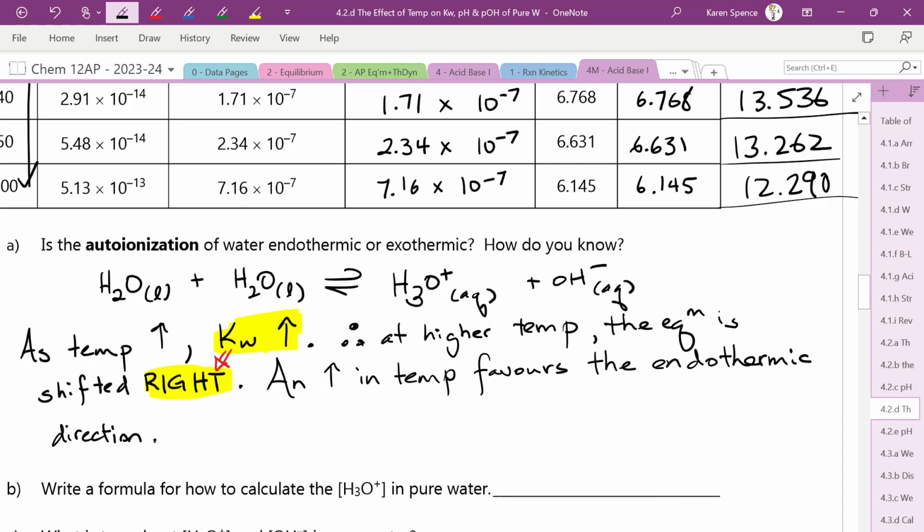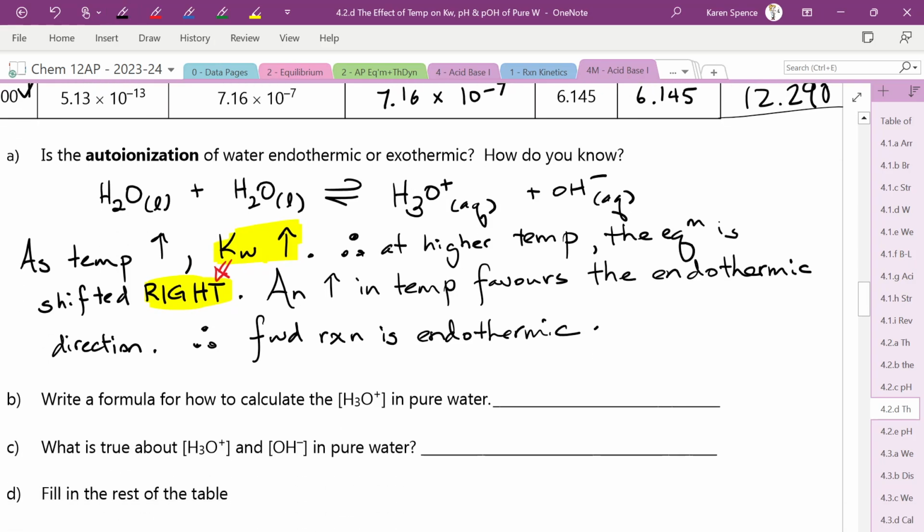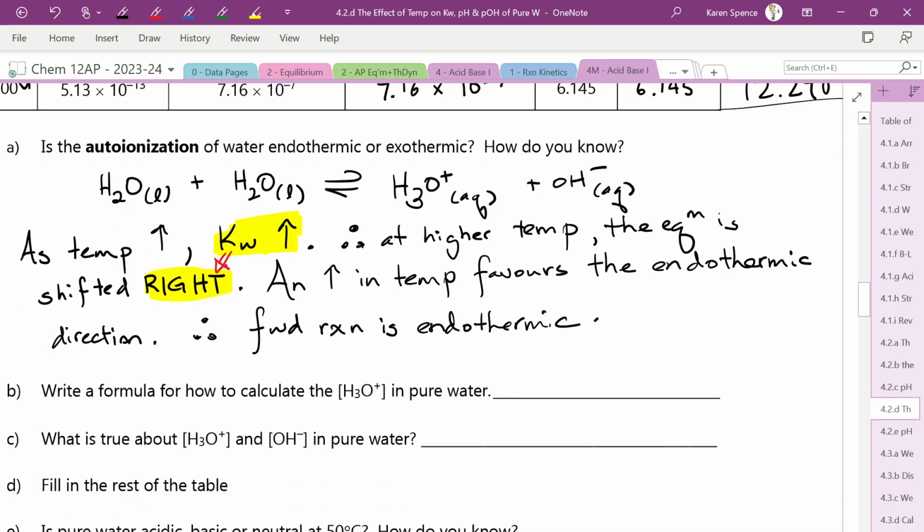And since it shifted right, therefore the forward reaction is endothermic. Could you write a formula for how to calculate the concentration of H3O plus in pure water?